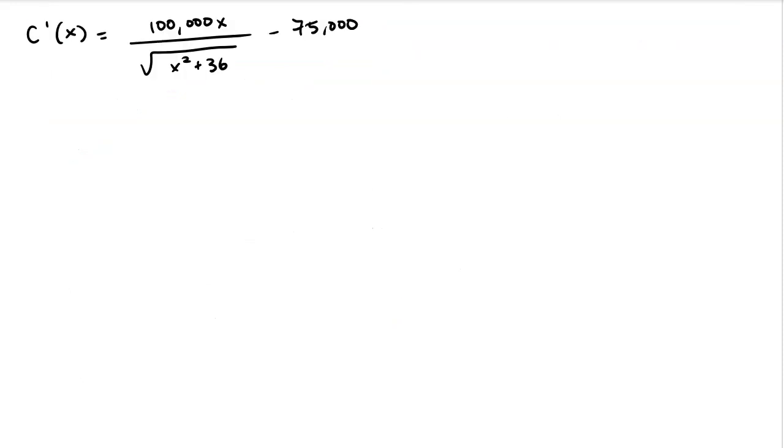I now want to take my first derivative and set it equal to 0 to find any critical values. If I set it equal to 0 and then add 75,000 to both sides, I'd get this. And from here, I could divide both sides by 100,000.